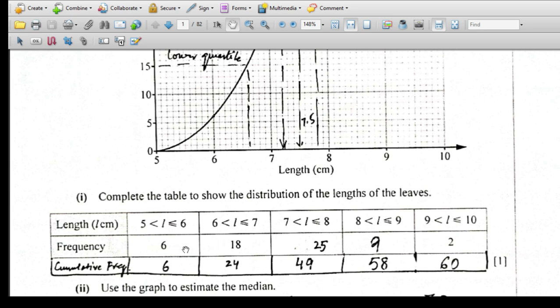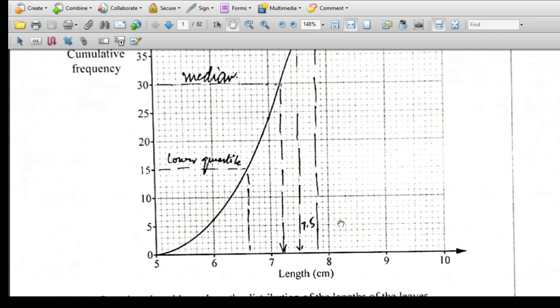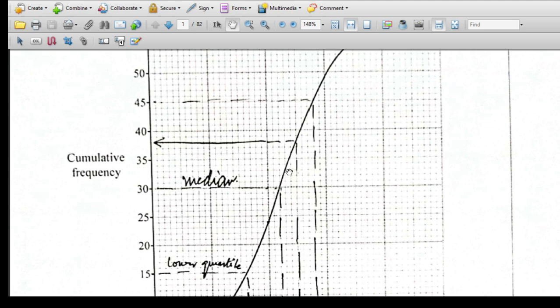We can read from the graph that the cumulative frequency would be 6 here, and 6 plus 18 is 24. So less than 7, from 5 to 7, this would be 24. Then we read the frequency between 7 and 8.